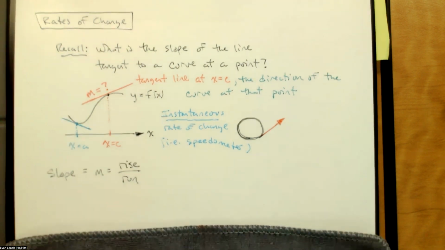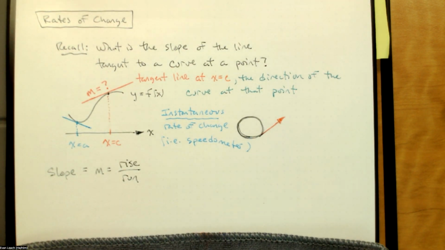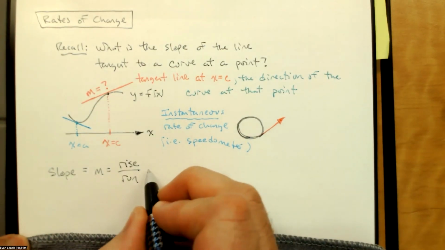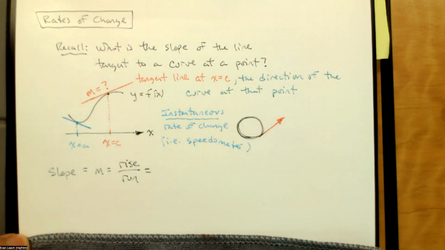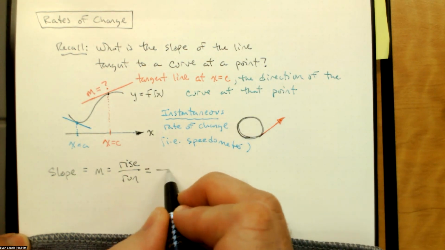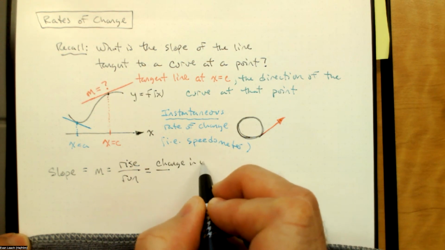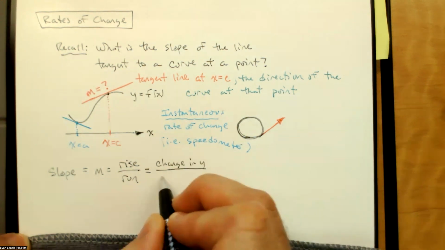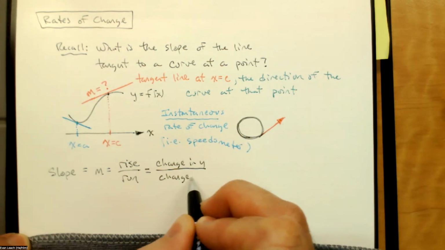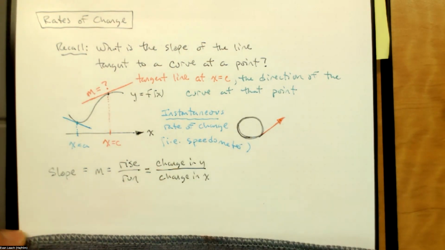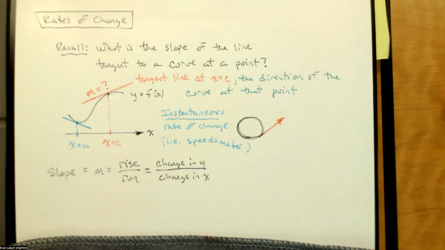What's a slope formula? Sometimes we're comfortable with formulas. How do we calculate slope? You may have seen the slope described as the change in y divided by change in x, the rise over the run.